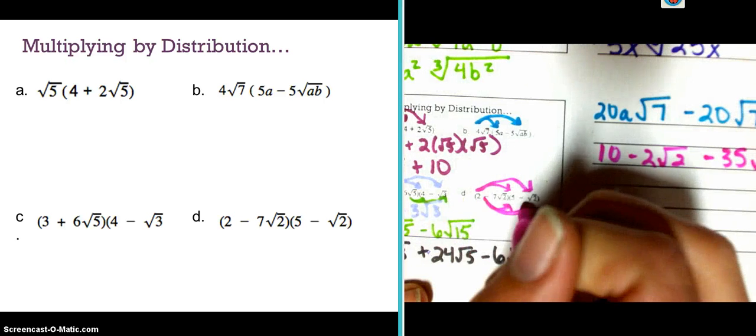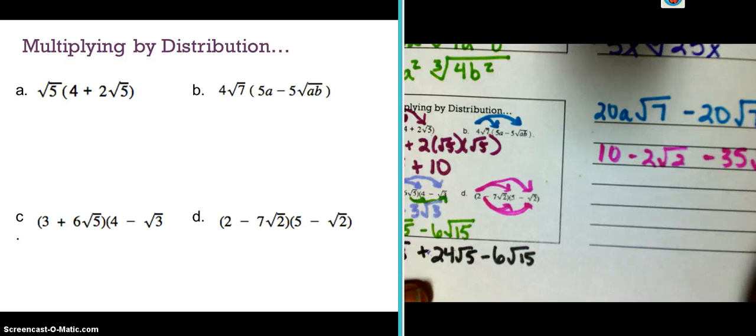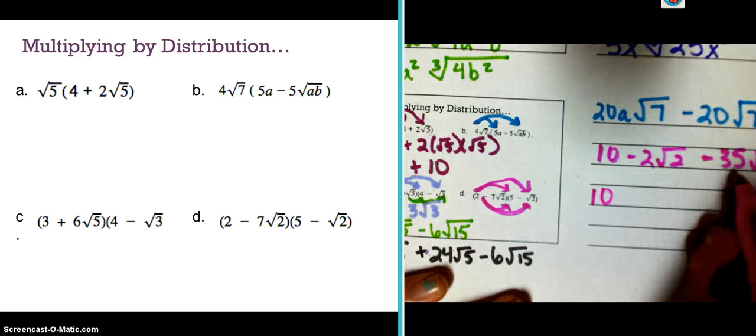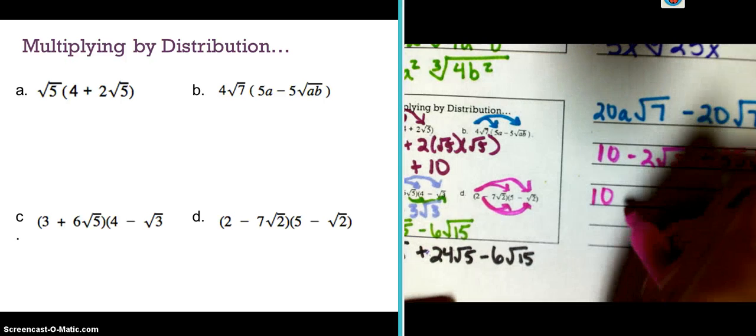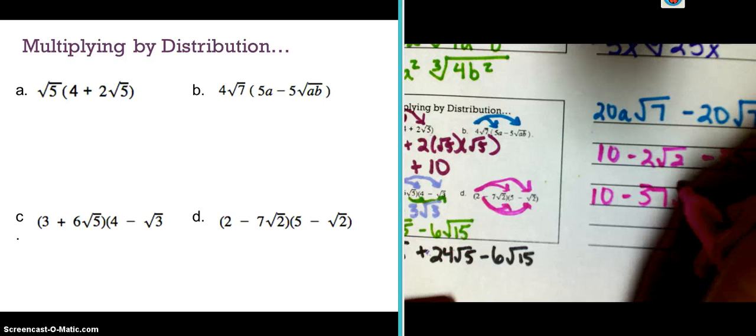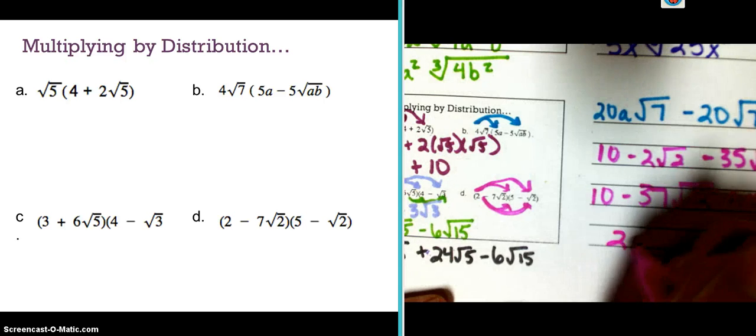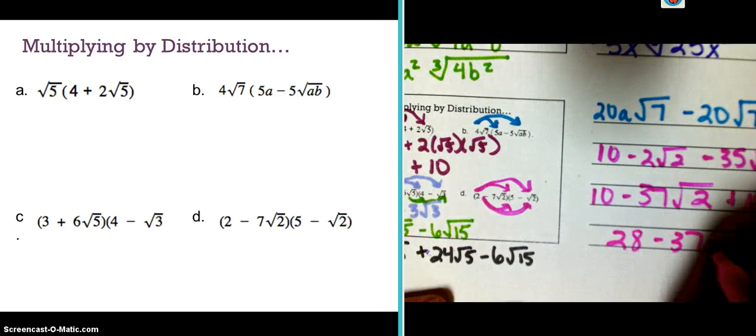And then the last one, I get plus 7 square root of 4. Well, I can actually simplify all of these, and I get 10. I can combine those two: negative 2 minus 35 is negative 37 square root of 2, and 7 plus square root of 4. Well, the square root of 4 actually equals 2. 7 times 2 is 14. So when I combine them, I get 28 minus 37 square root of 2.